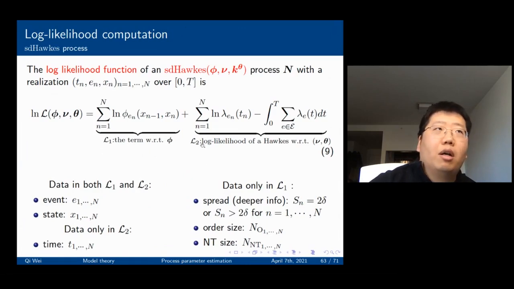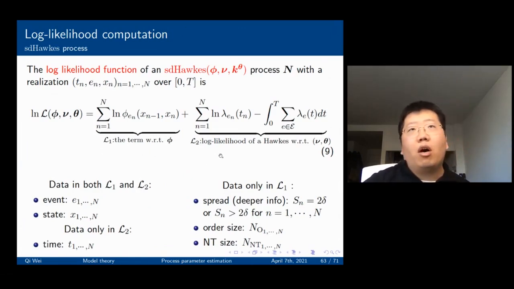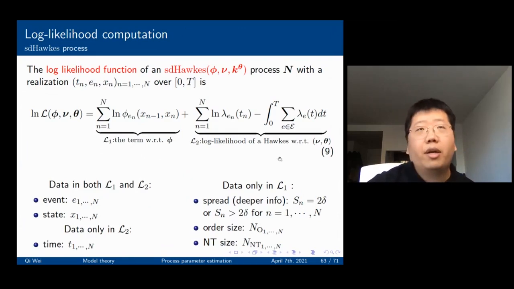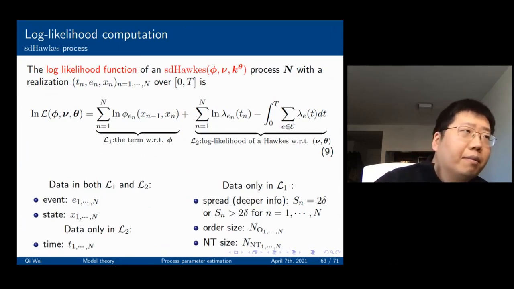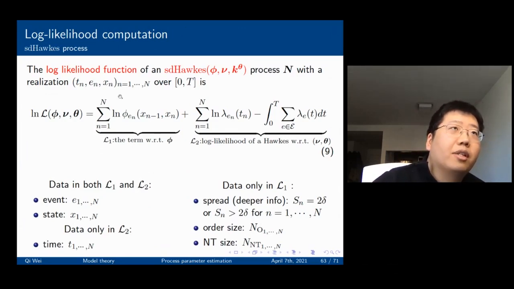The L2 is the log likelihood of a Hawkes process, an Oracle Hawkes process. So no difference between this and the Hawkes process I showed you at the very beginning. Also, the data in this part is only the event and state part, and in the L2 term you have the timestamps. That's the most important thing.